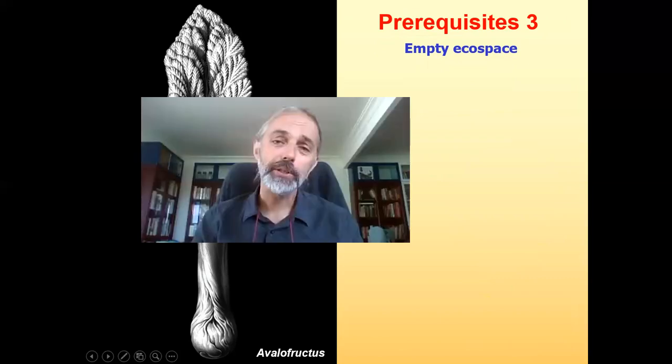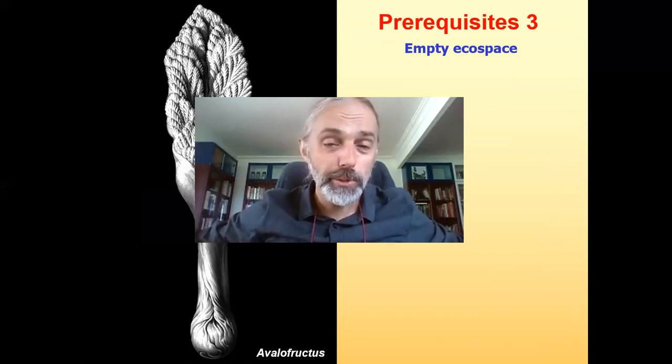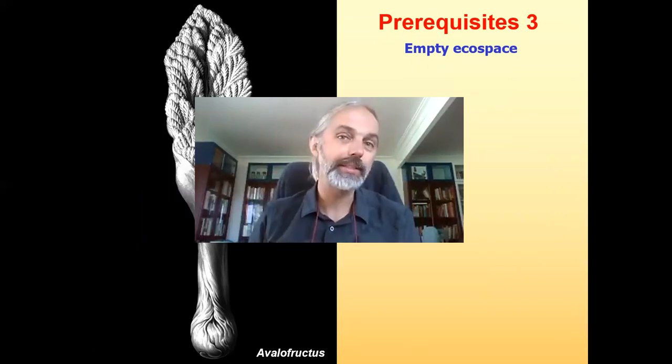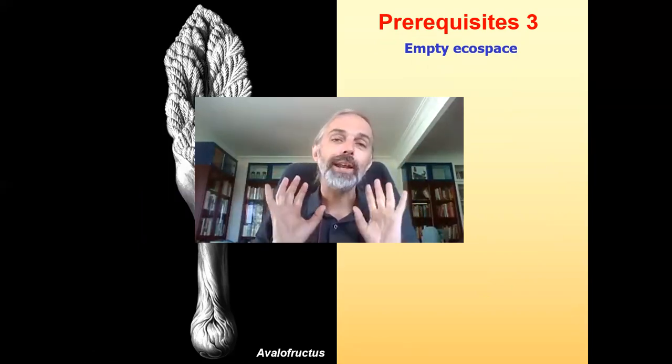Have you ever thought about why mammals and our ancestors became abundant, diverse, and very, very large just when dinosaurs went extinct? Well, that's not an accident. And I can tell you, it's not that the mammals killed the dinosaurs. But when the dinosaurs went extinct, they left a lot of empty niches. For example, the niche of being an enormously large herbivore.